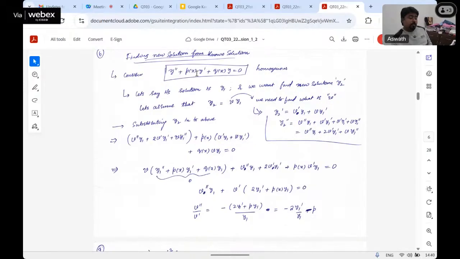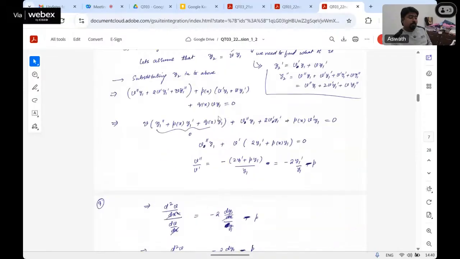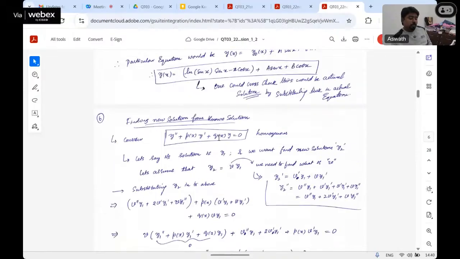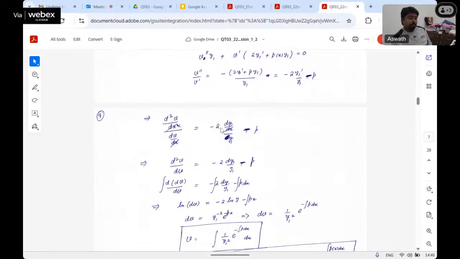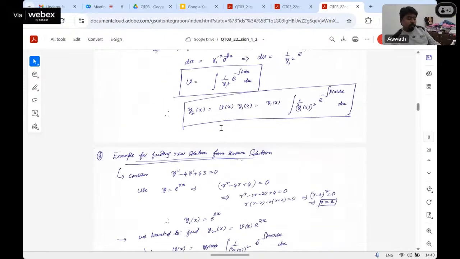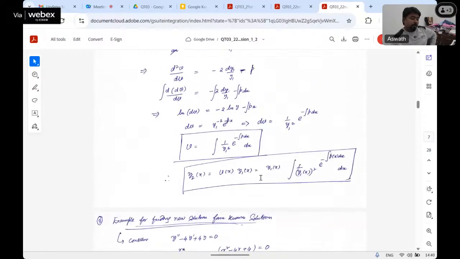From the given equation, p is some expression you will have. So that is what you need to know. Interestingly, you see there is no q anywhere coming in the equation. So only p dictates the solution of that particular equation. So knowing v, you can multiply it to y1, and you get the next solution.